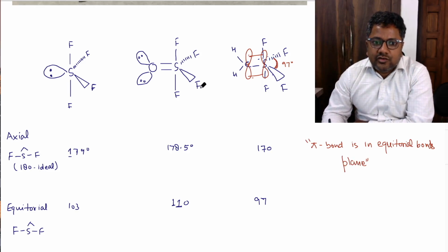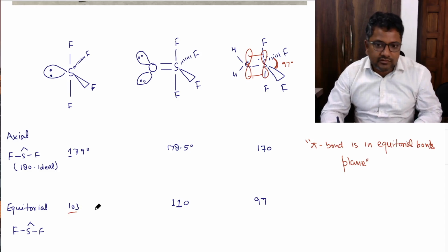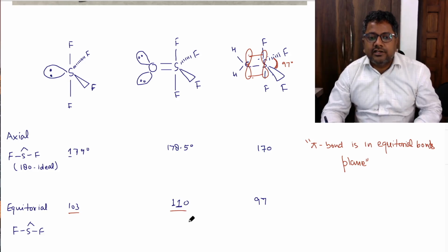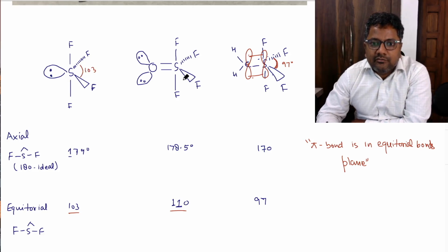Here there is not much decrease. If you see here, 103 degree equatorial bond, and here it is 10, means here you are getting more compression of this bond, but here you are not getting so much compression.